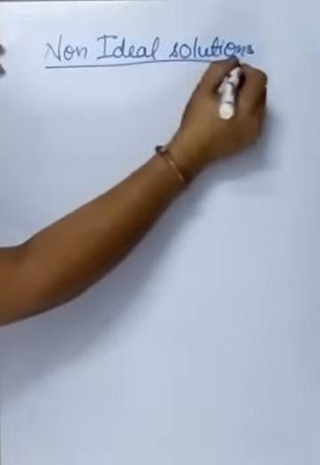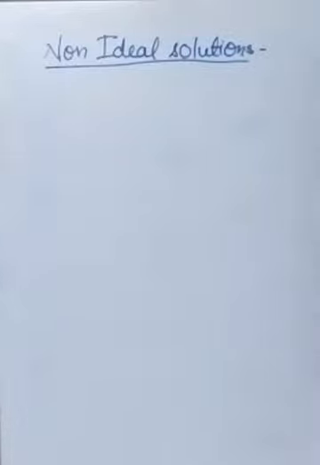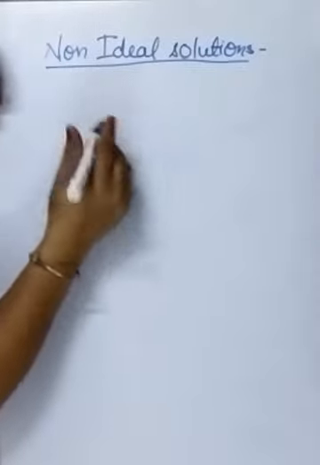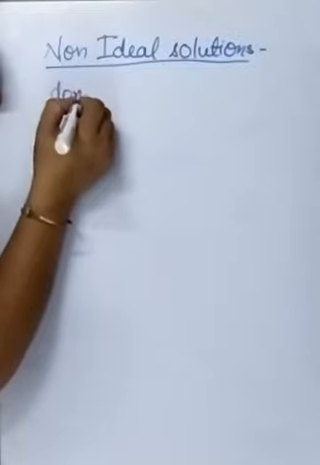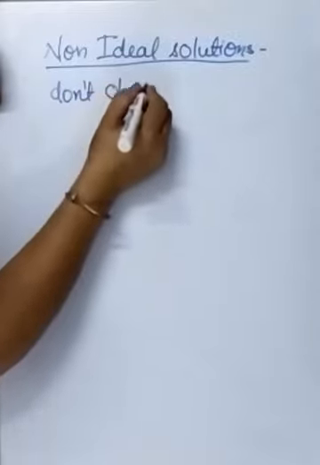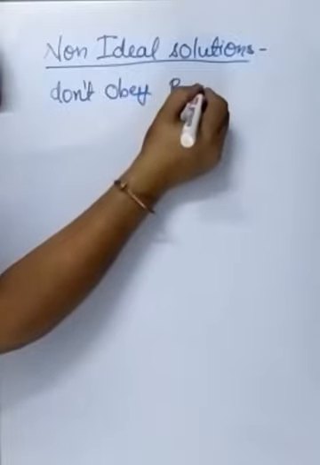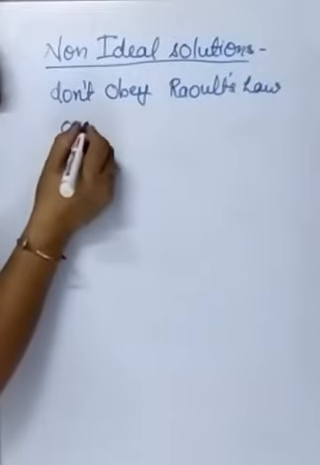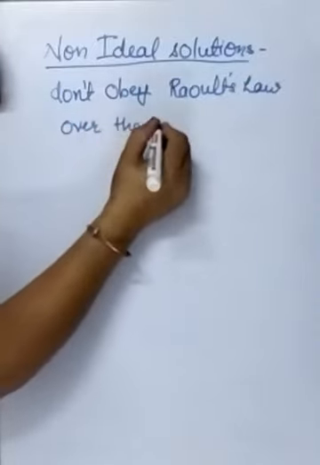We had seen that those solutions which follow Raoult's law over the entire range of concentrations are called ideal solutions. Just opposite of that, non-ideal solutions do not follow or obey Raoult's law over the entire range of concentration.